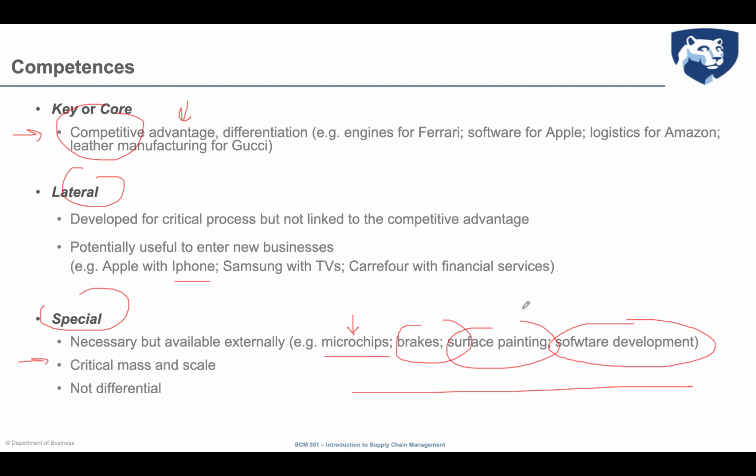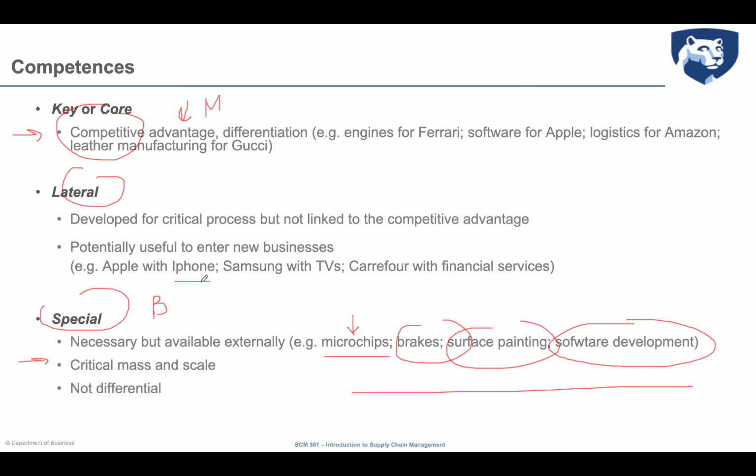We cannot put on the market a helicopter without the surface painted, and we cannot use a machine without the software for automatic control. So these competences are necessary, but they don't make the difference, meaning that they don't create competitive advantage in the market. So in these cases, the solution should be to buy this competence from external.